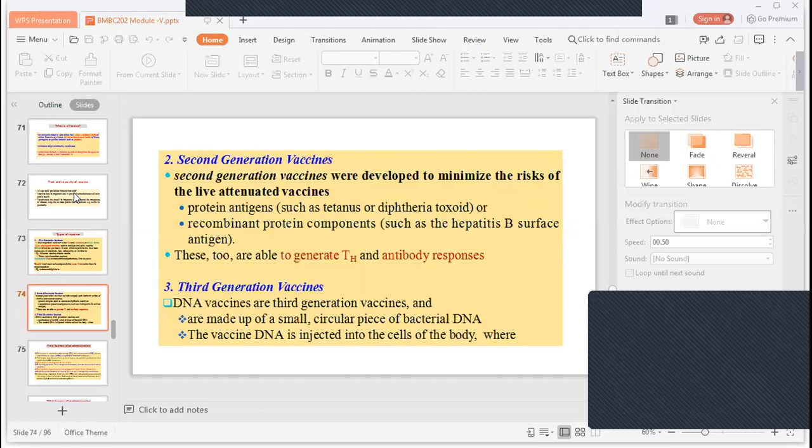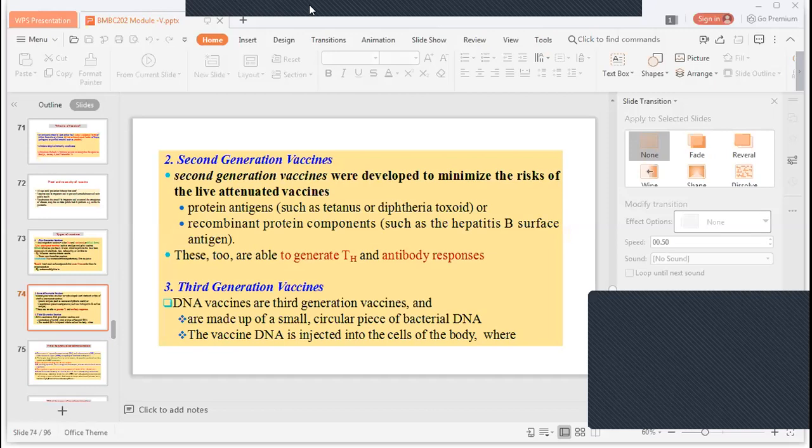In second generation vaccine, here you can see that to minimize the risk of the live attenuated vaccine, meaning if attenuation is not properly done, then the virus or the bacteria can cause infection.